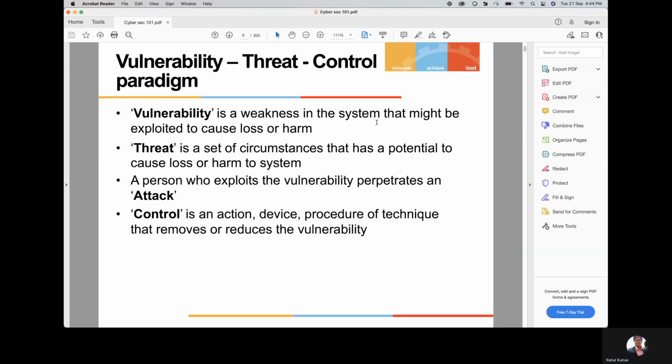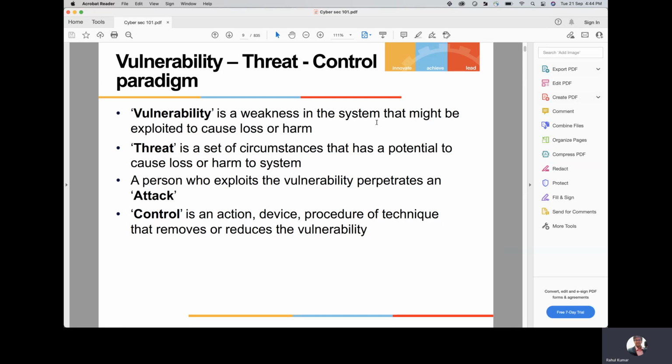Okay. Now, a very important topic, which is every interviewer's favorite topic, and this will be asked in interviews. This is the vulnerability, threat, control paradigm. Okay, what is a vulnerability?